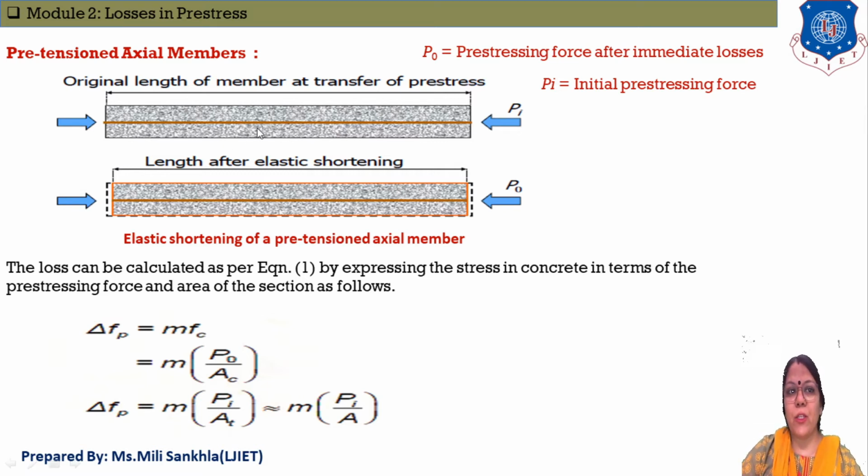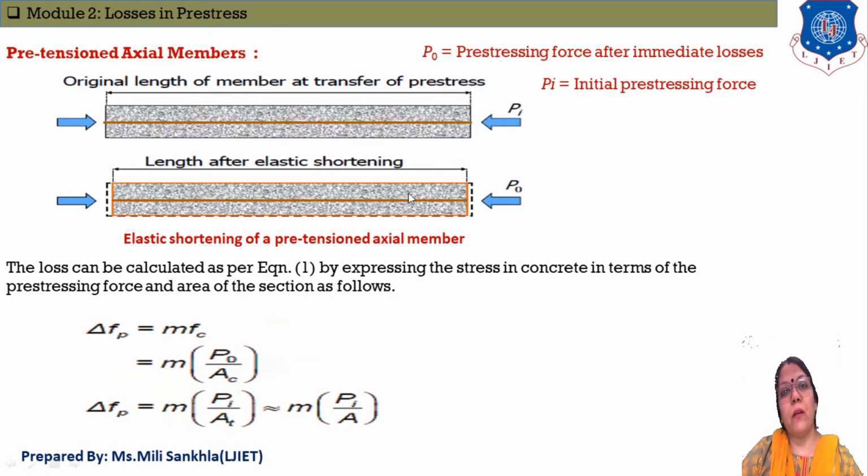In the first image we can see that this beam is subjected to the initial prestressing force Pi, the original length of the member at transfer of prestress. That means when we apply this prestressing force, the force is then transferred from one material to another. The second image is the length after elastic shortening.